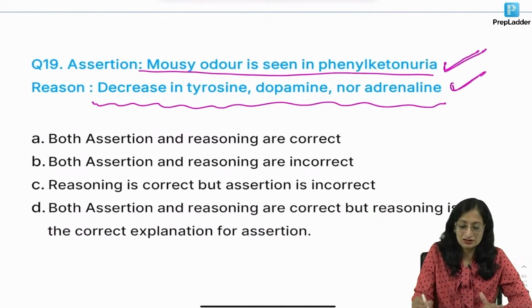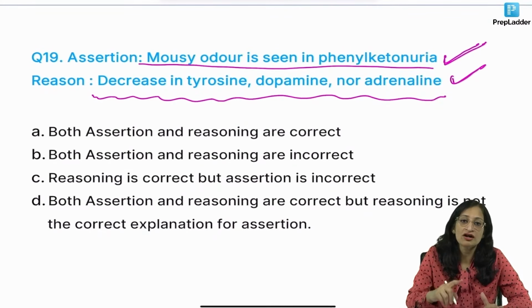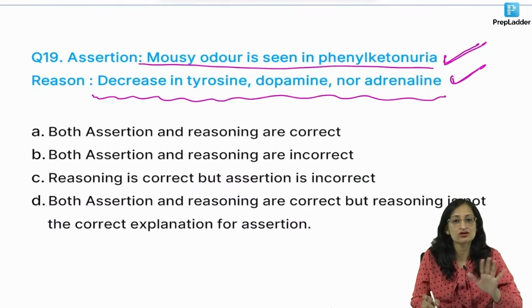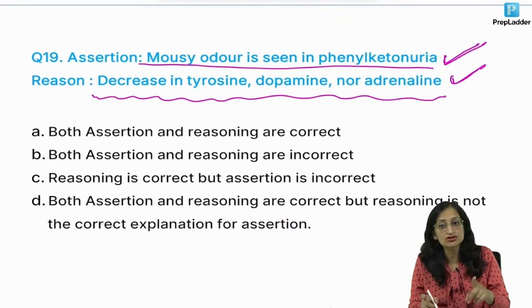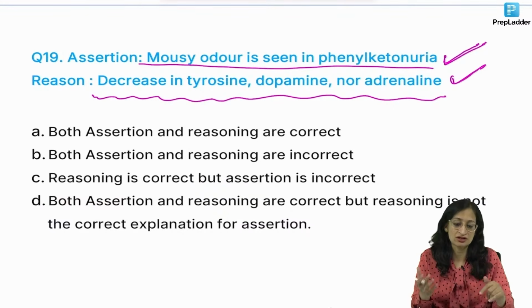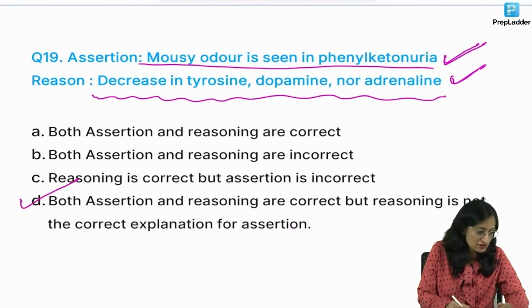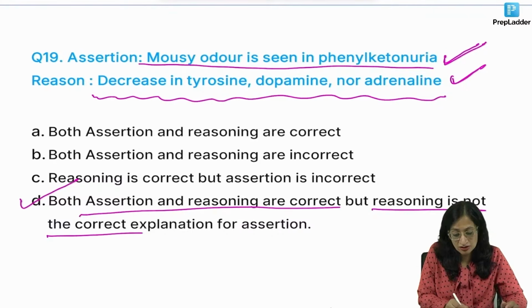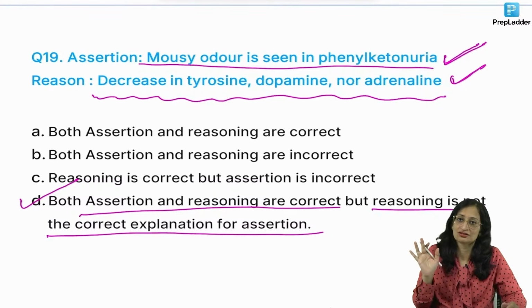But this reason is not the correct explanation of the assertion. The mousy odor is not because of the decrease in tyrosine, dopamine, noradrenaline. It is because of accumulation of excess metabolites like phenylacetate and phenylpyruvate. So our best answer here is option D: both assertion and reasoning are correct, but reasoning is not the correct explanation for assertion.